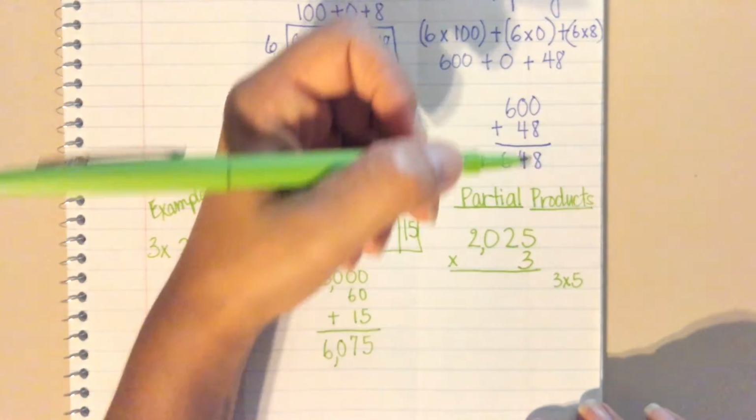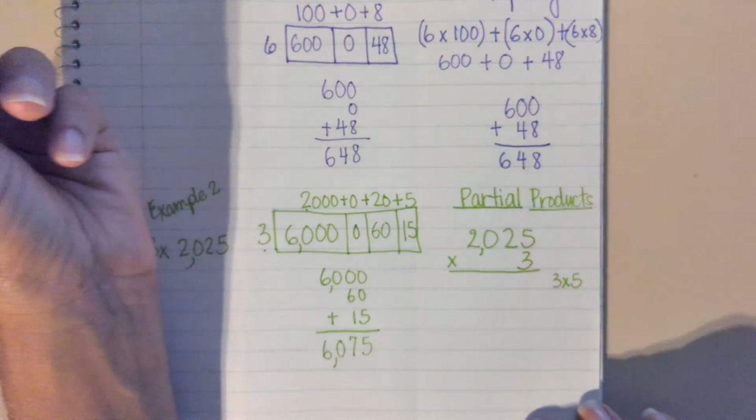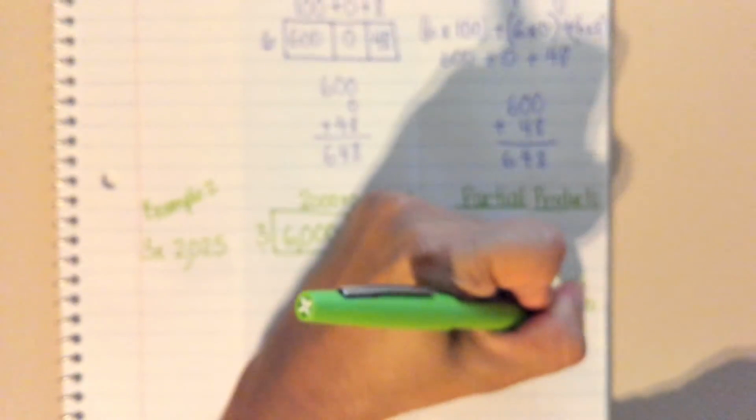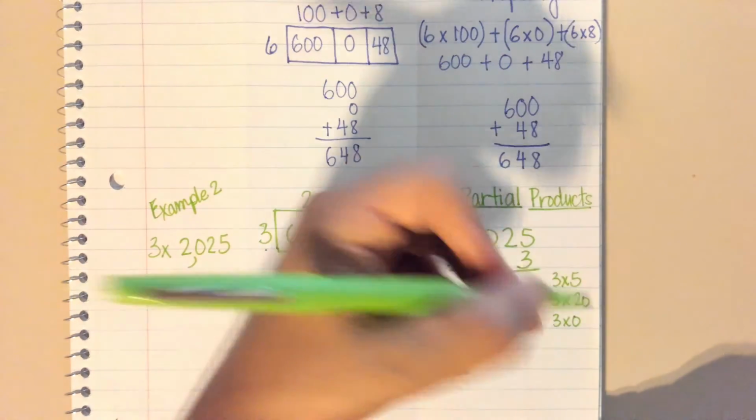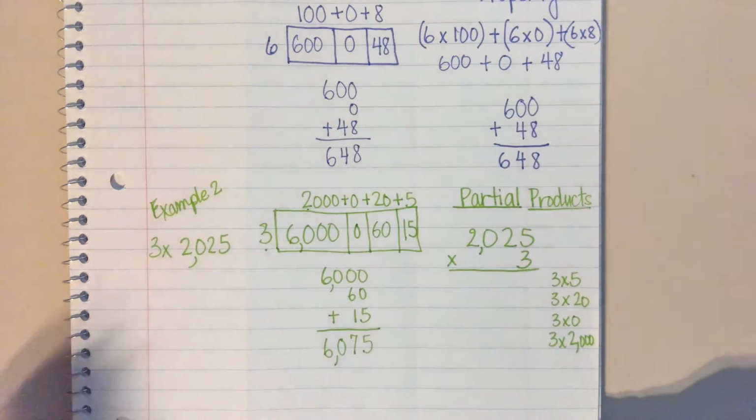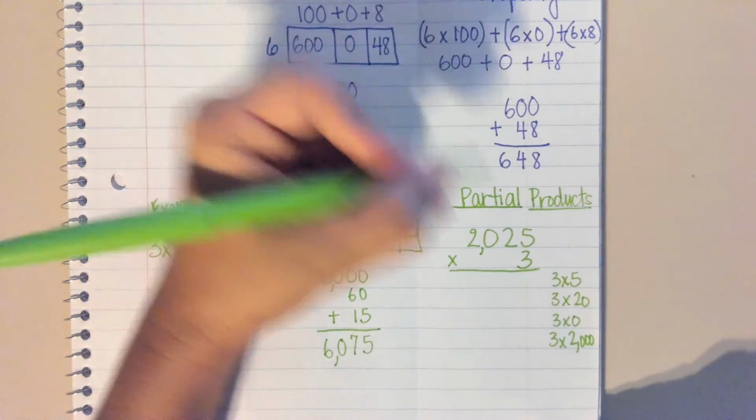The tens place, the 2 is worth 20. So 3 times 20. The hundreds place, we've got 3 times 0. And the thousands place. And we get 15. You line up your digits.